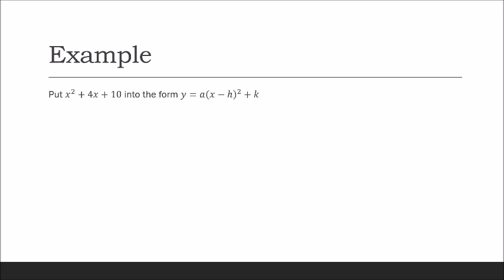The very first one is if I have x squared plus 4x plus 10, and I want to write it into turning point form. I'm just going to write on the top a little reminder of our formula. So if I have my x squared plus 4x plus 10, the x squared is the same as the x squared over there.